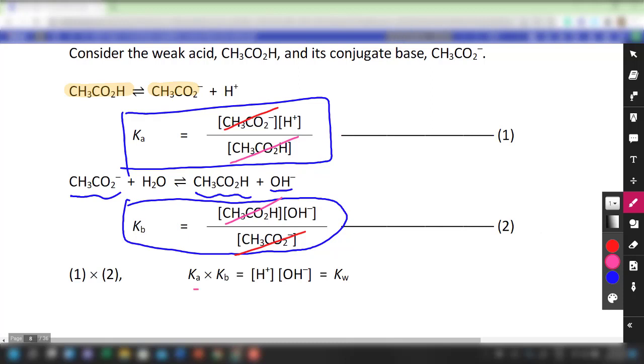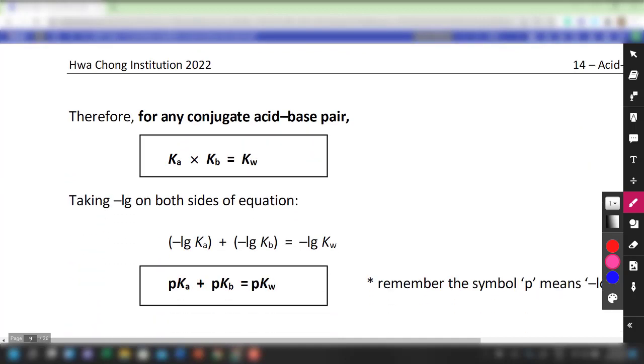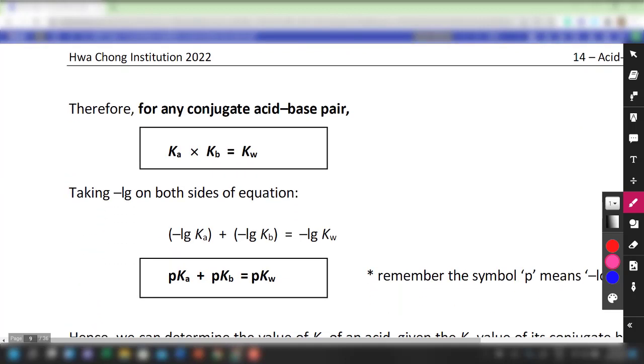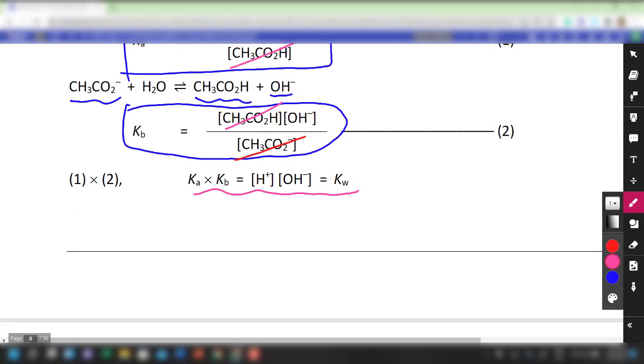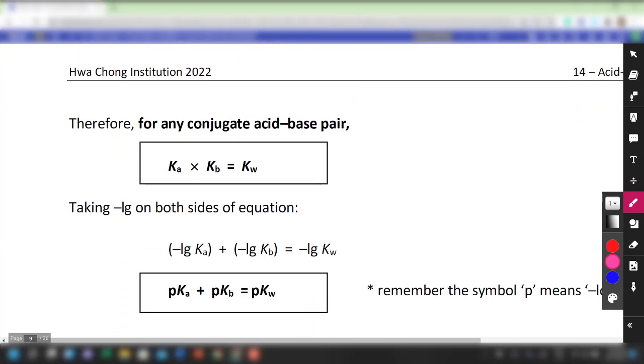Eventually you end up with Kw equals the concentration of H plus multiplied by the concentration of OH minus. So Ka times Kb equals Kw. That's how this is obtained.